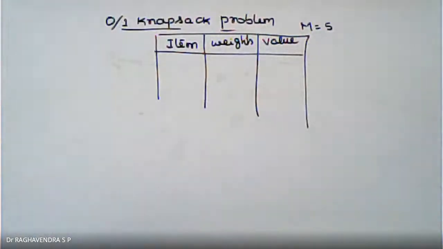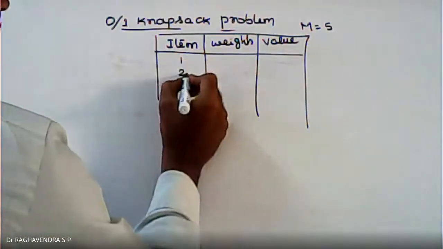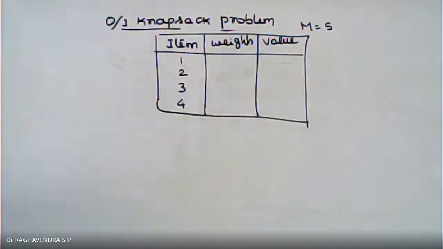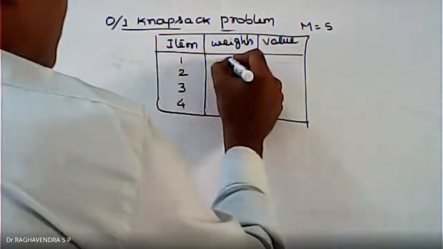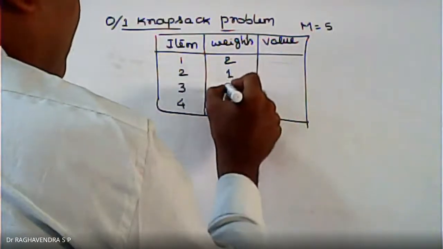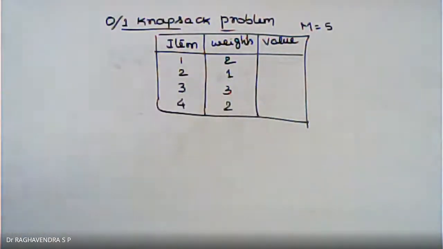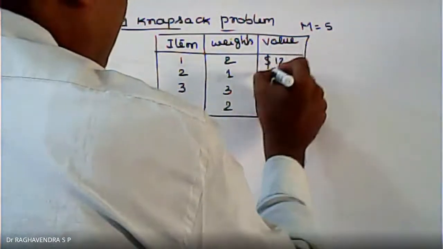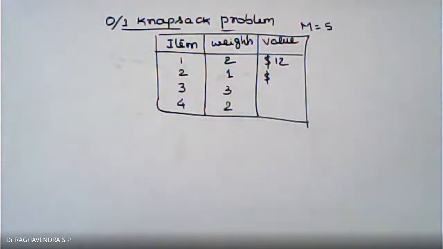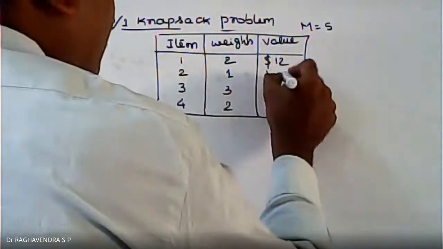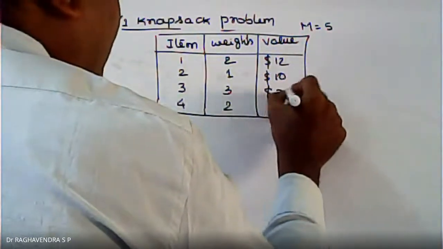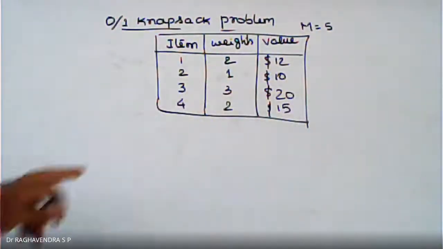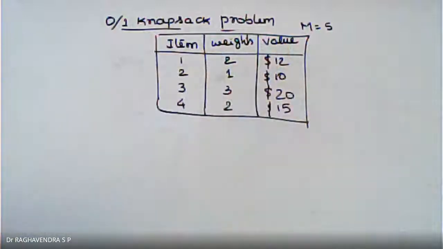Okay, so we have 4 items: 1, 2, 3 and 4, and we have weights 2, 1, 3, 2, and the profits or values are 12, 10, 20, 15.